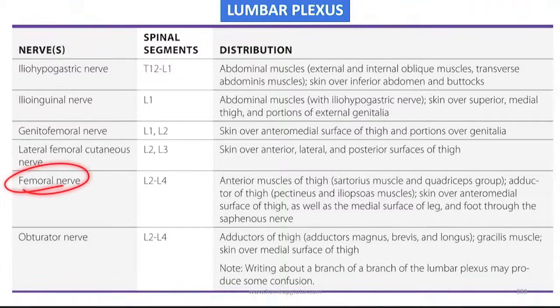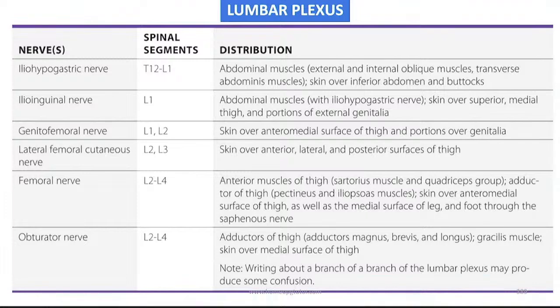Next, coming to the major nerve, that is the femoral nerve that supplies the anterior compartment, all the muscles in the anterior compartment, which is sartorius, quadriceps group, the adductors of the thigh, which is the iliopsoas and the pectineus. Okay, everything is supplied by the femoral nerve. Then, obturator nerve, another major important nerve originating from the lumbar plexus.